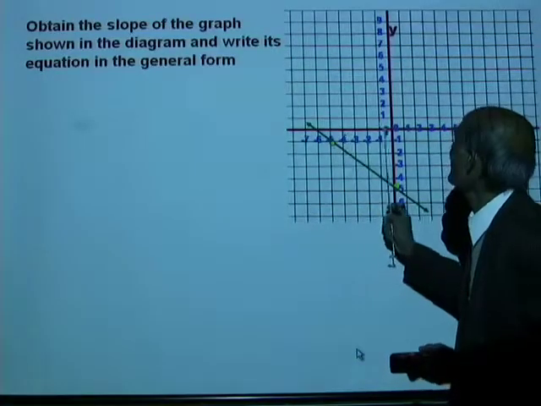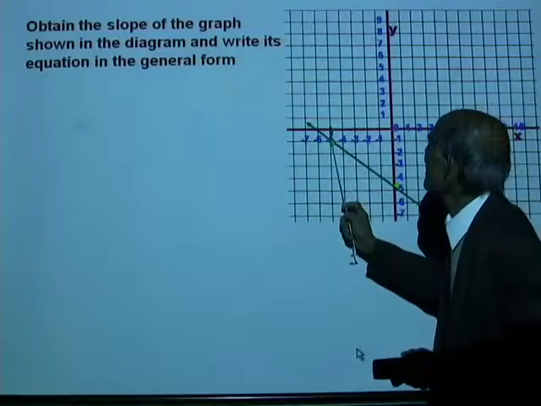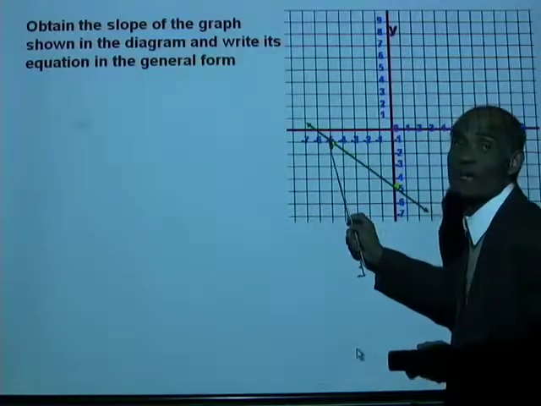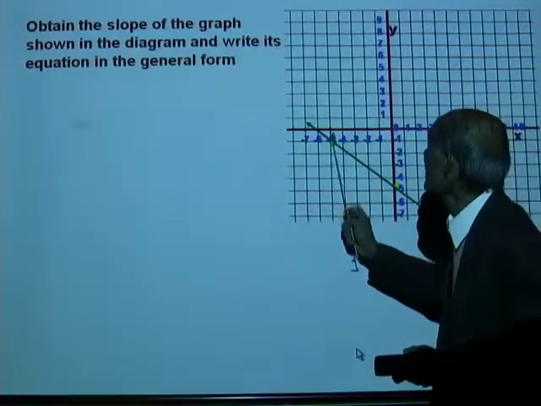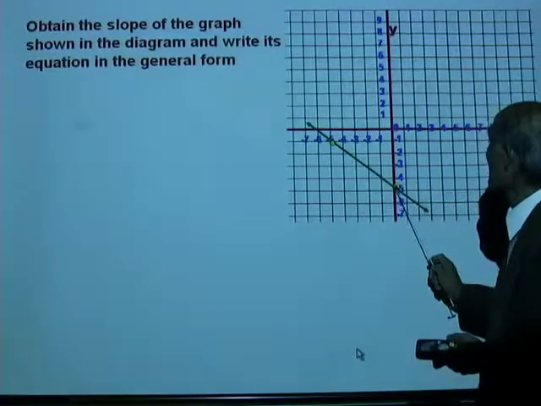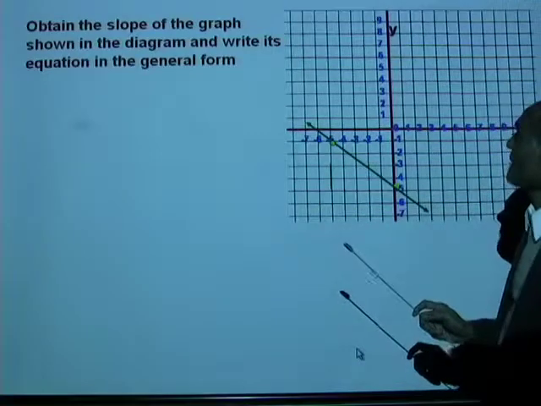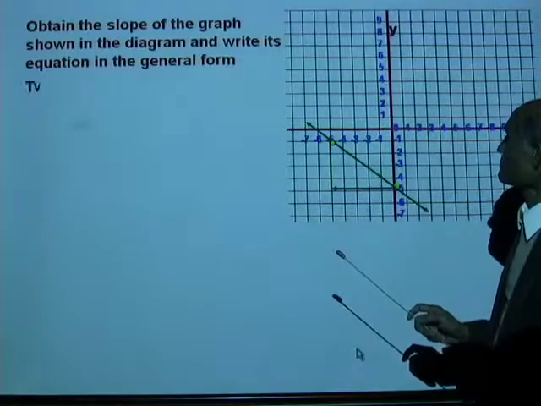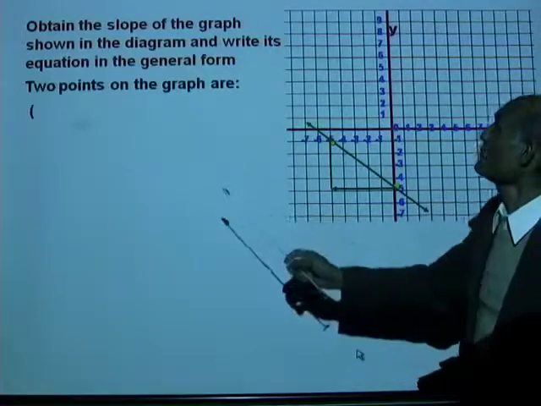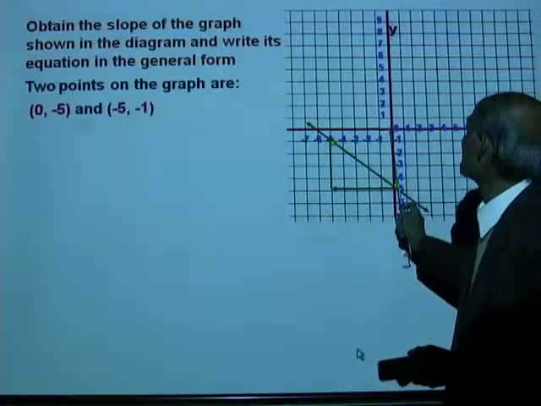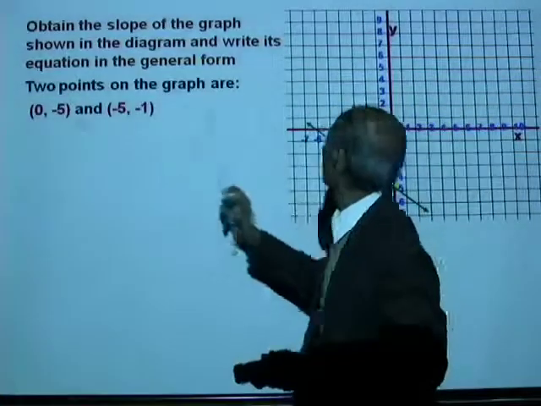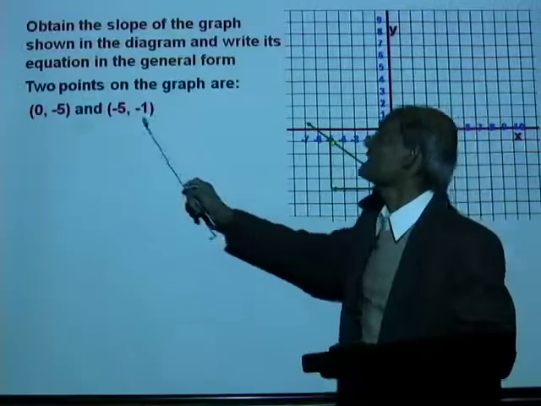Point number 1 is (-5, -1), that is x equal to -5, y equal to -1. And this point is x equal to 0, y equal to -5. So 2 points on the line are (0, -5) and (-5, -1).